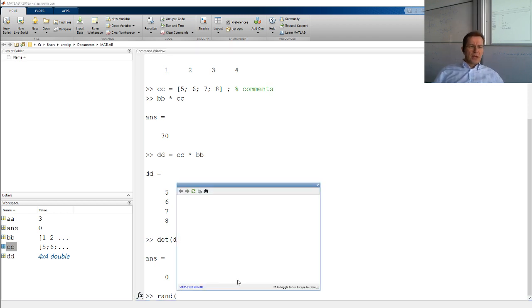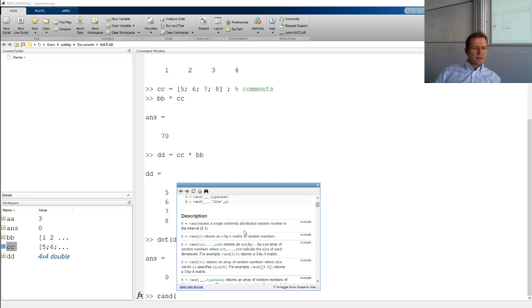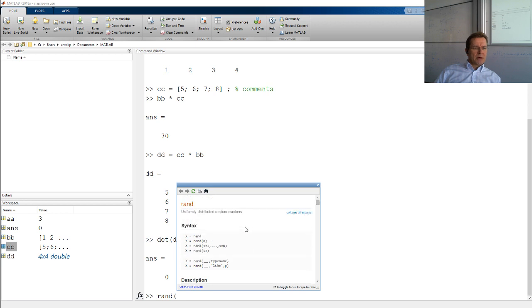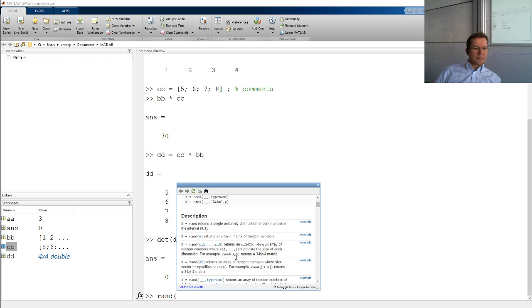If I click more help, I get this kind of small description which has everything on it. So if you call it just by rand, it's one single number. Rand of number, then you have n by n matrix of random numbers, and so on.